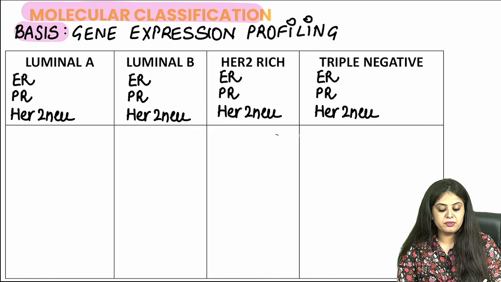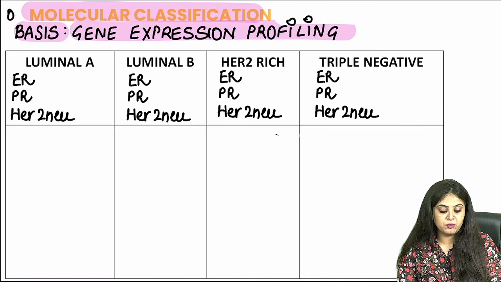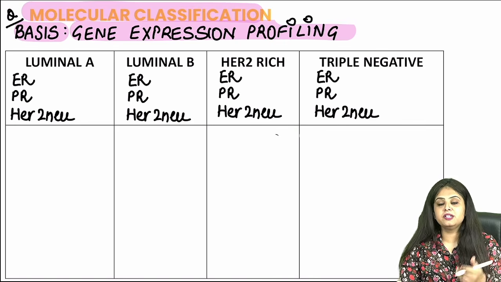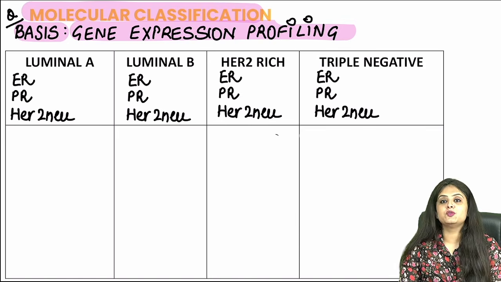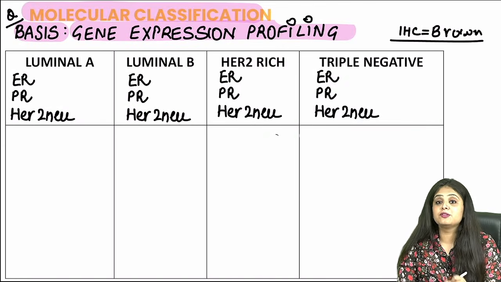The classification basis was gene expression profiling. So if a question comes, what is the basis of molecular classification? It is gene expression profiling. But now what we are using as a surrogate classification is immunohistochemistry. I hope you remember immunohistochemistry is the same stain which I always taught you gives a brown color, which is also a PYQ.